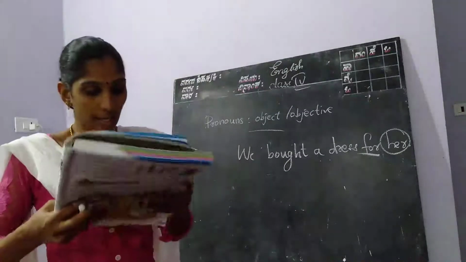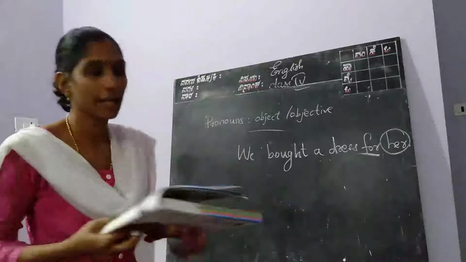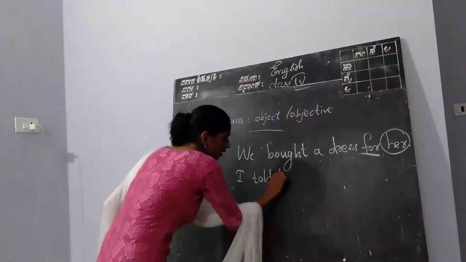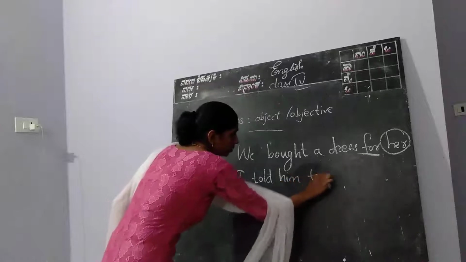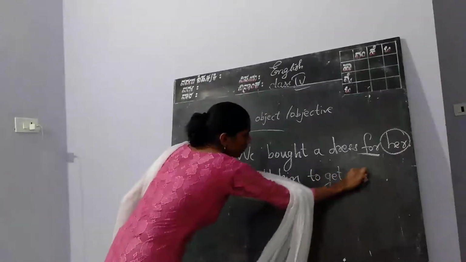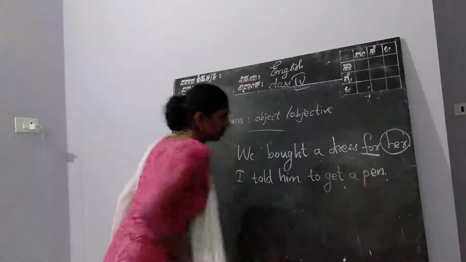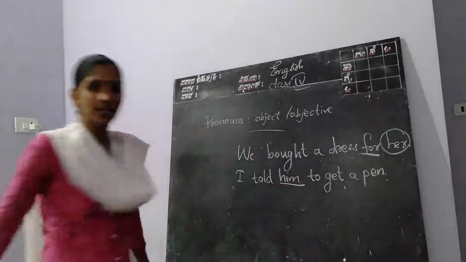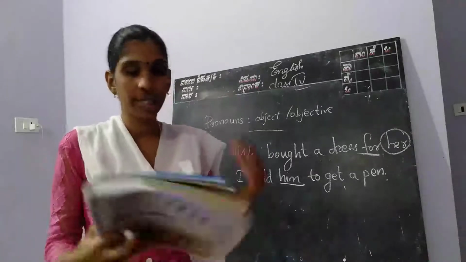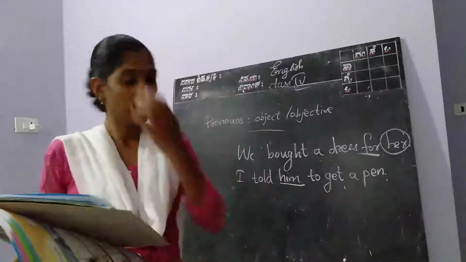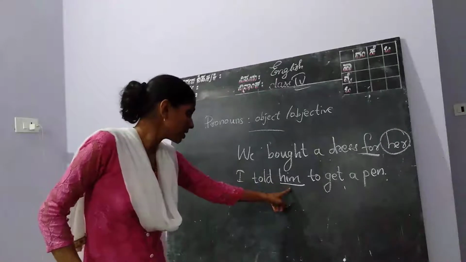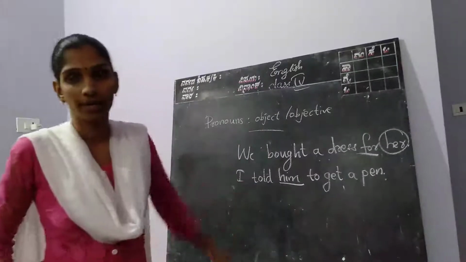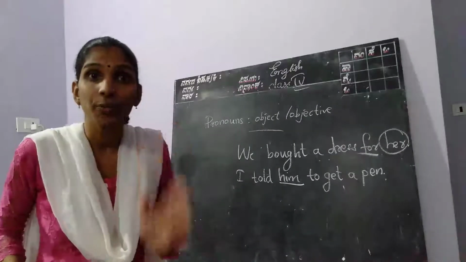Her is used after a preposition, right? Next example, I told him to get a pen. Here him is an object pronoun. Him is used after told. Told is an action verb, right?